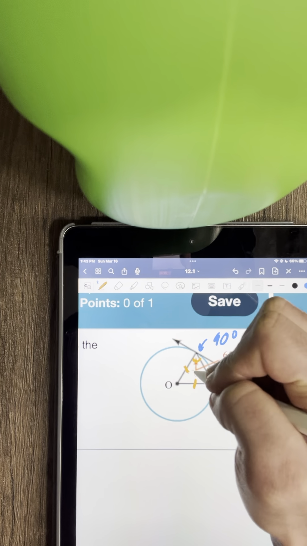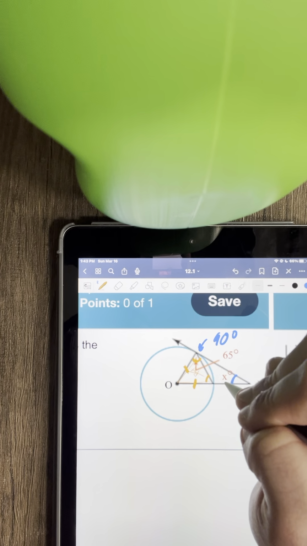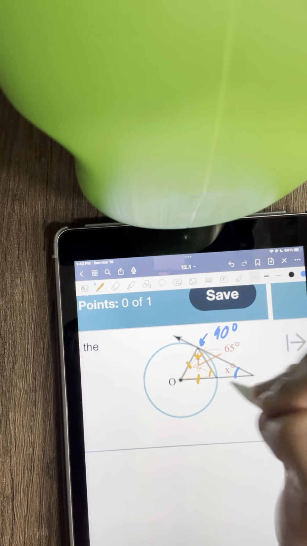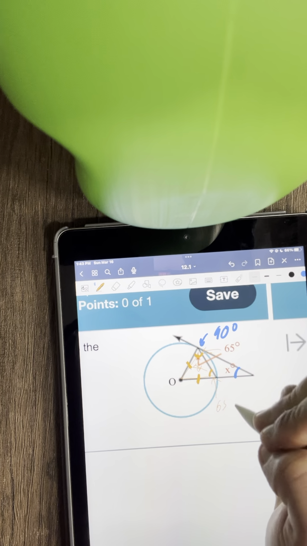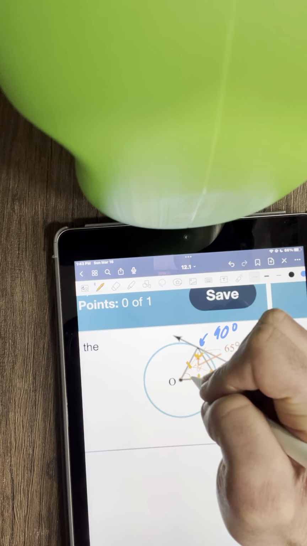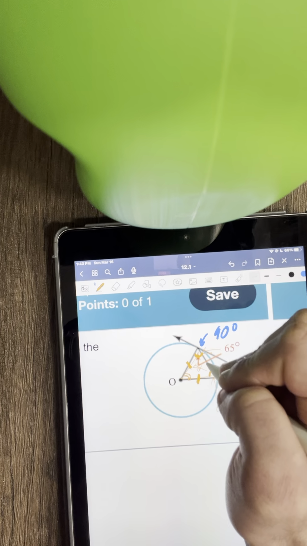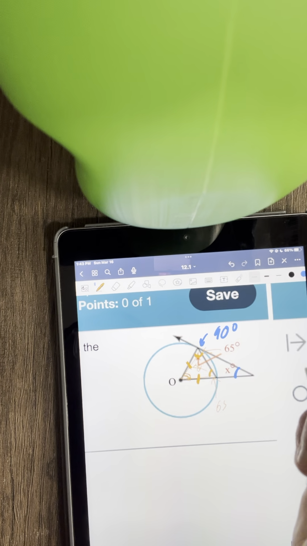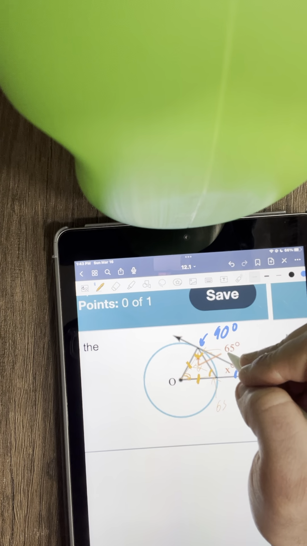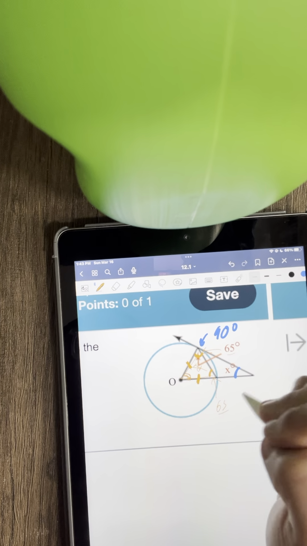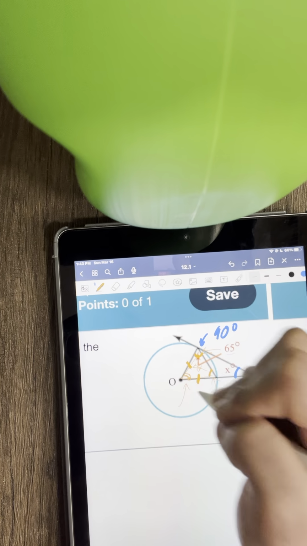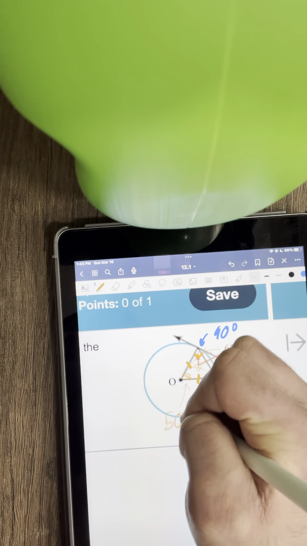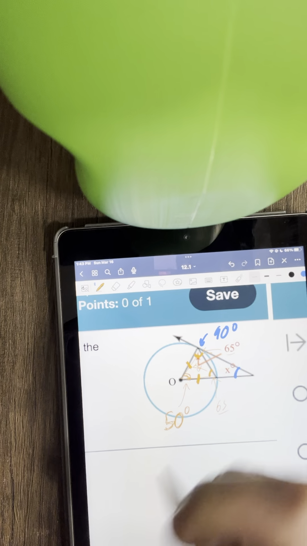Base angles in an isosceles triangle are always congruent. So if this one's 65, then this one's also 65. So now to find this angle right here, I just have to take the sum of 65 and 65 and subtract it from 180, the triangle angle sum theorem. So 65 plus 65 equals 130. So that means 180 minus 130 is 50. So this has to be 50 degrees.